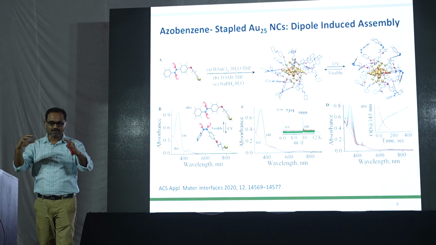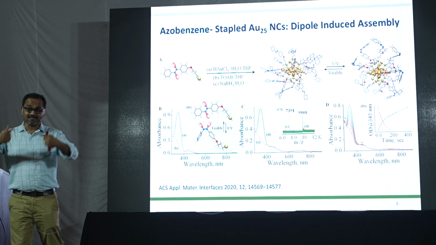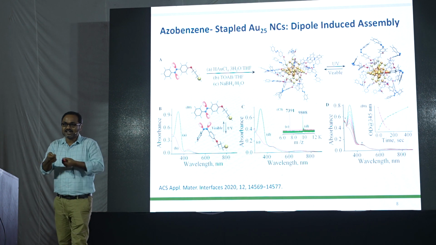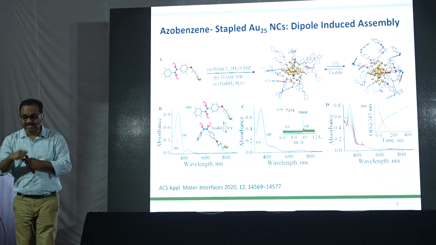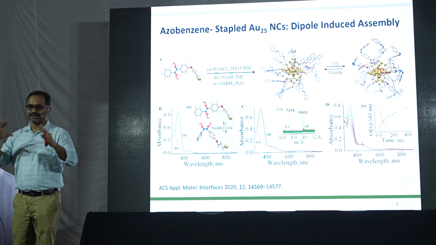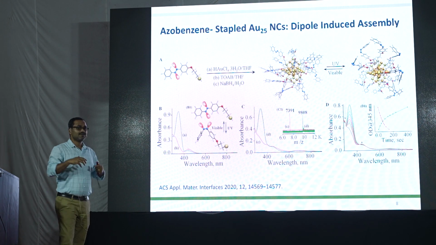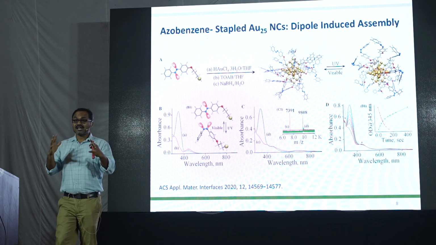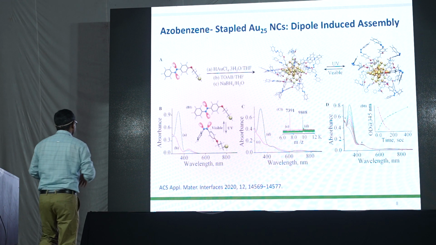So this molecule is basically dancing, which means our nanoclusters have started dancing in the presence of light. We were investigating what happens to nanomaterials in the presence of light.